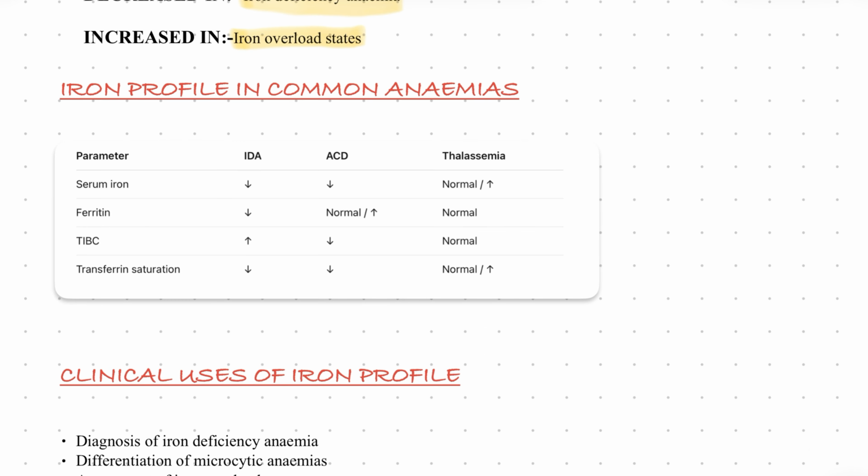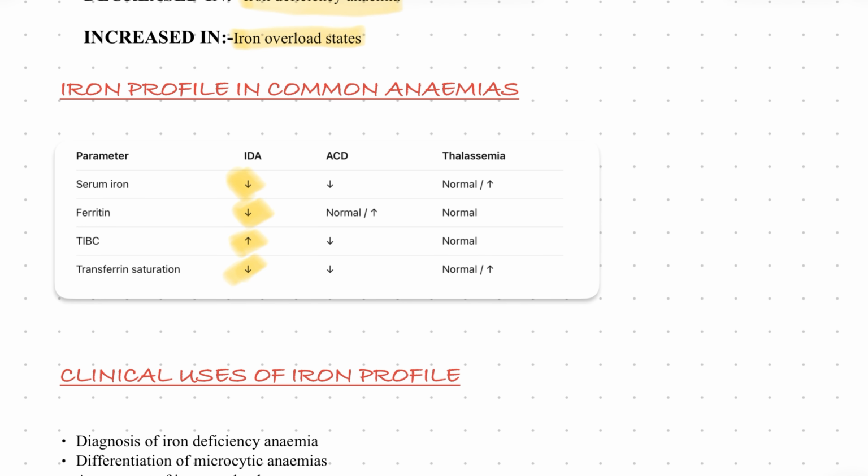And then we have the iron profile in common anemias. In iron deficiency anemia, as I said, serum iron and ferritin will be reduced, TIBC will be increased and transferrin saturation will be reduced. Why? You can learn this topic in great detail in the iron deficiency anemia video. There I discussed why it will be increased and decreased.